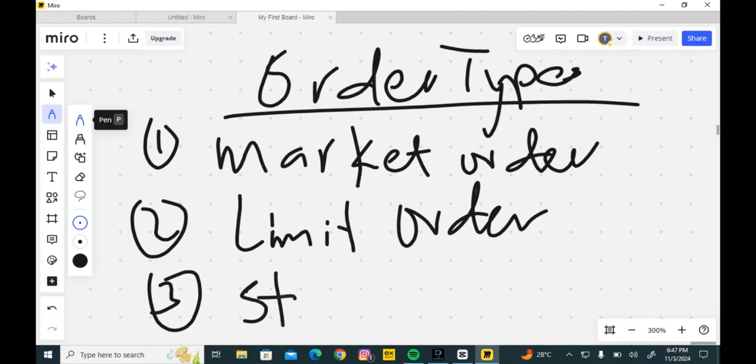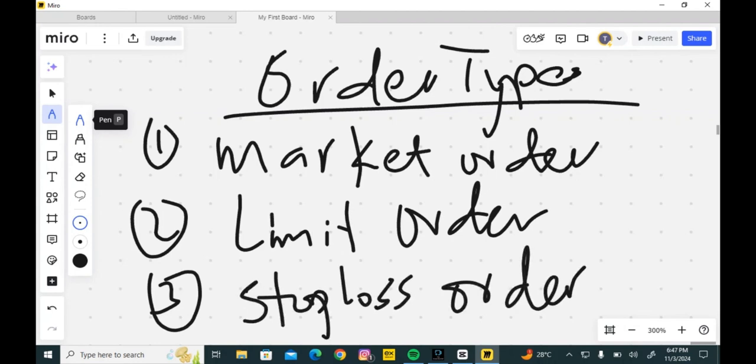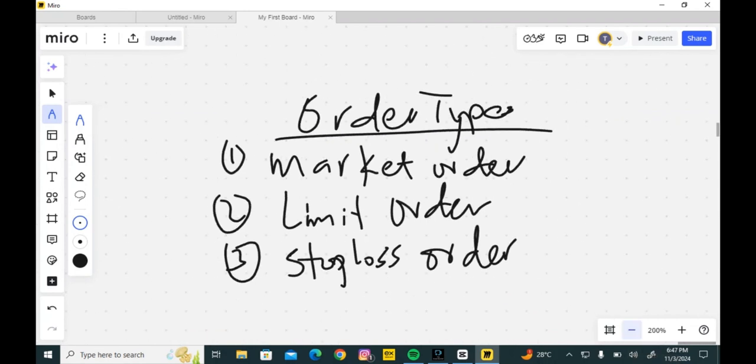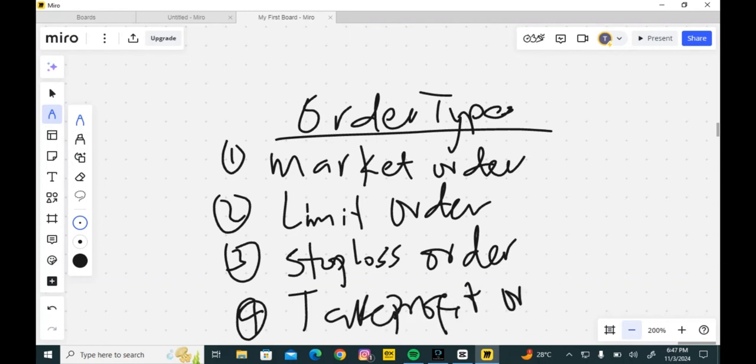Three, stop loss order. And four, we have take profit order. All right, these are the types of order we have, right? Right now, I'm going to start by explaining each of them.